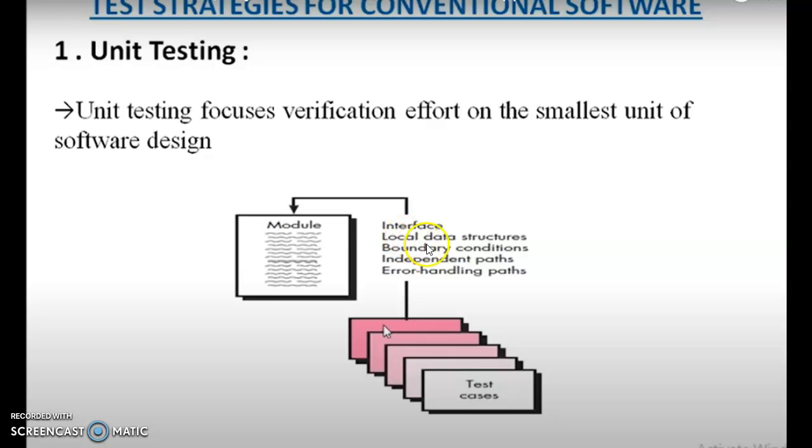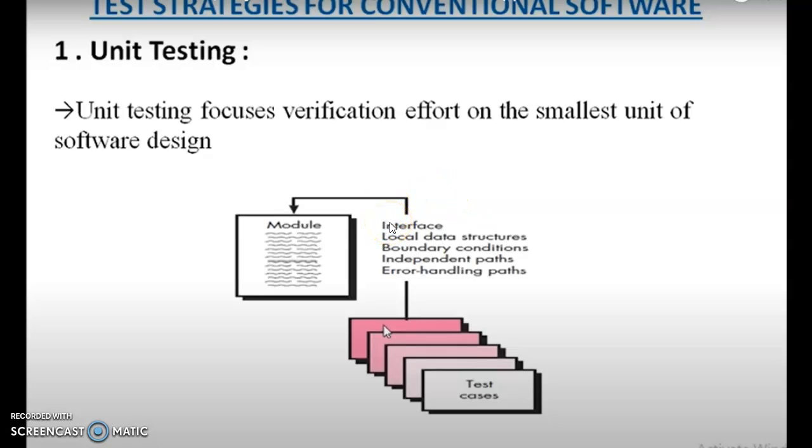The picture of the interface structure is shown here. The interface includes the local data structure, boundary conditions, independent paths, and error handling paths. All these are checked in unit testing.